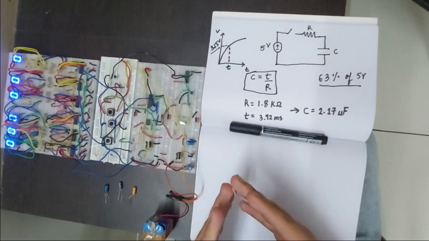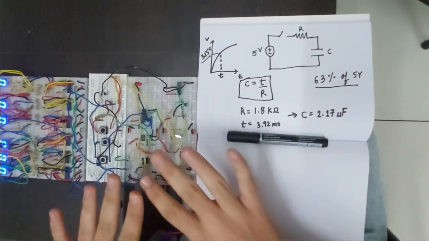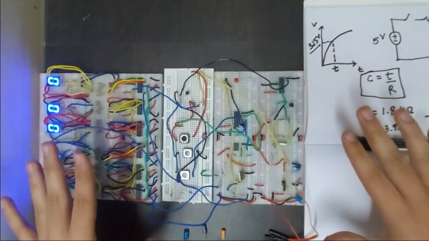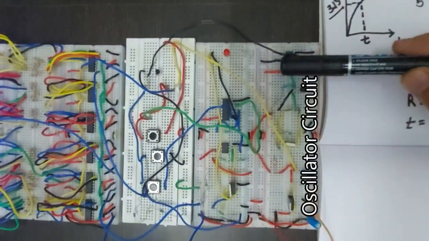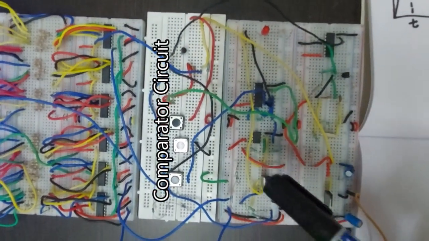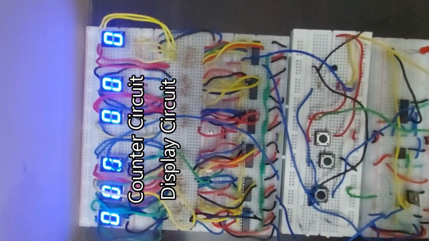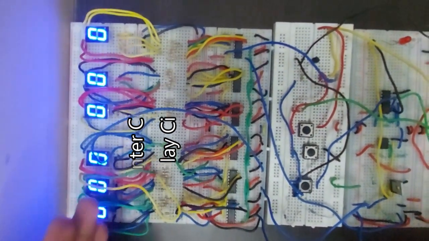Now let me explain how the circuit works. There are 3 main units in this circuit. The first one is the oscillator circuit. The second one is the comparator circuit, which compares the voltage, and the third one is the counter circuit and the display circuit.